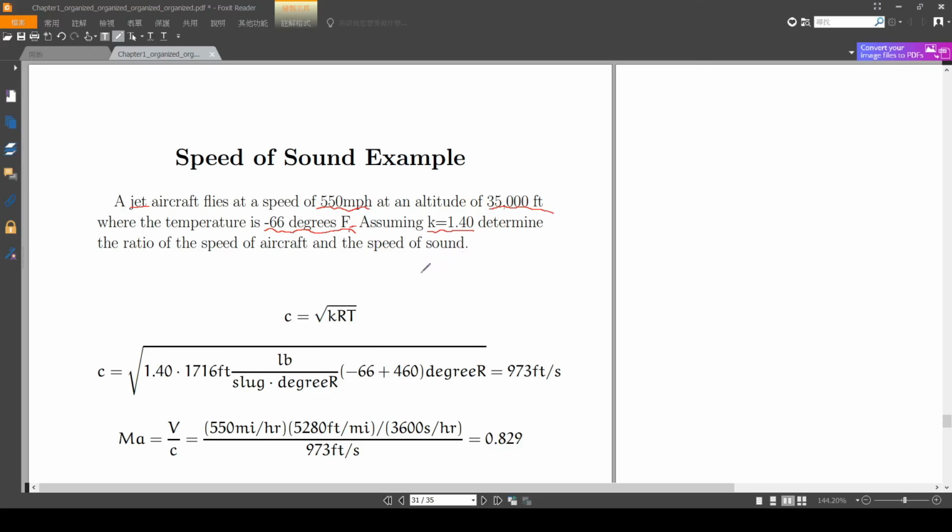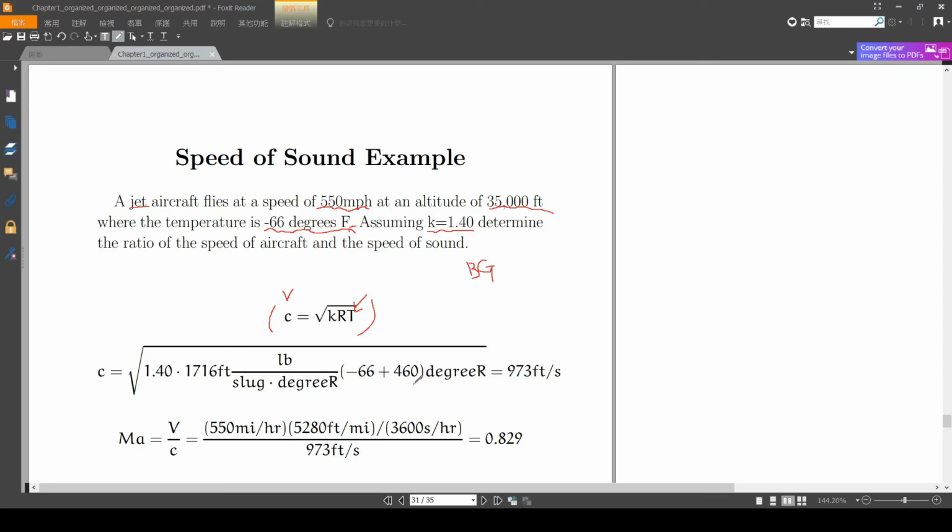Then because we have this relationship, you just bring all the information into this equation, then you will get the answer. But you have to remember that the temperature here actually is the absolute temperature. And according to this question, all the units are in BG units, right? The British Gravitational units.